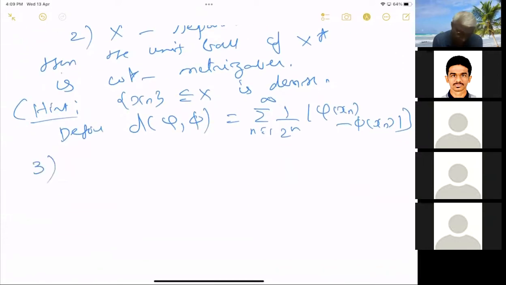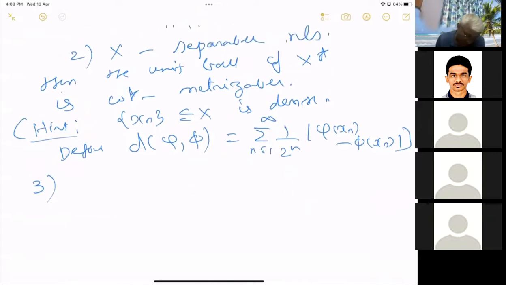Third one. So this in particular says the following. This is not part of the assignment; this is clear. This says that the unit ball is weak star compact and in a metric space, so in particular the unit ball is separable. But then you can write the whole X star as a countable union of balls. This is not just for the unit ball; for any bounded ball it's true. So this implies X star is weak star separable.